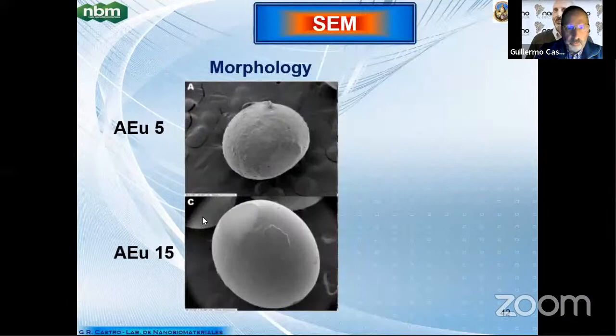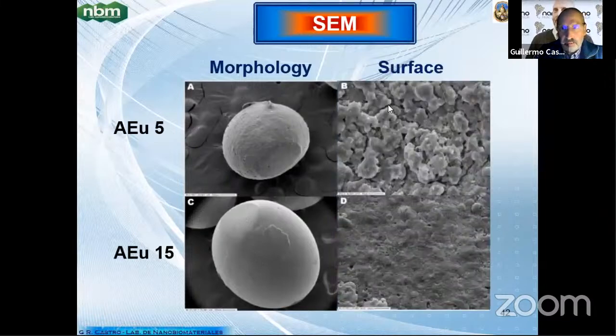So when we study the morphology, there are no significant changes, but when we analyze the surface more deeply, we can see that when we add alginate with Eudragit 15%, the structure of the surface is more homogeneous.